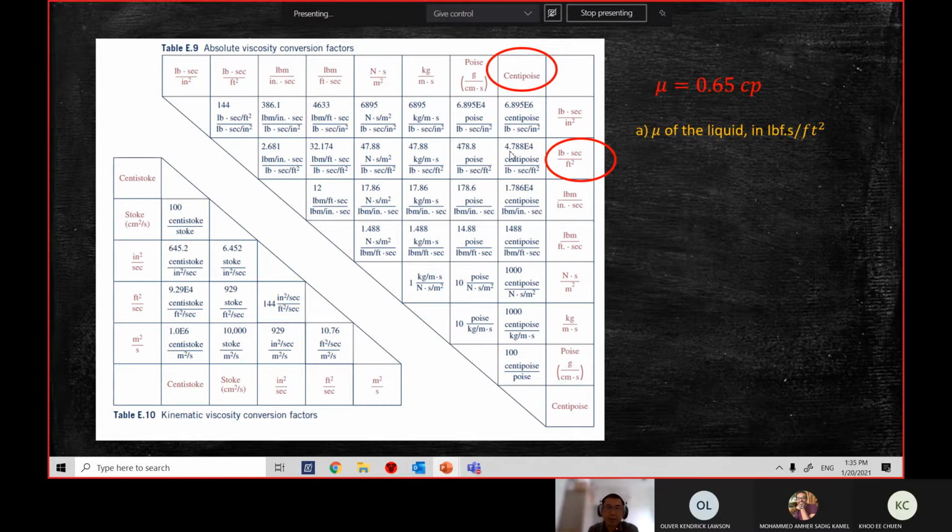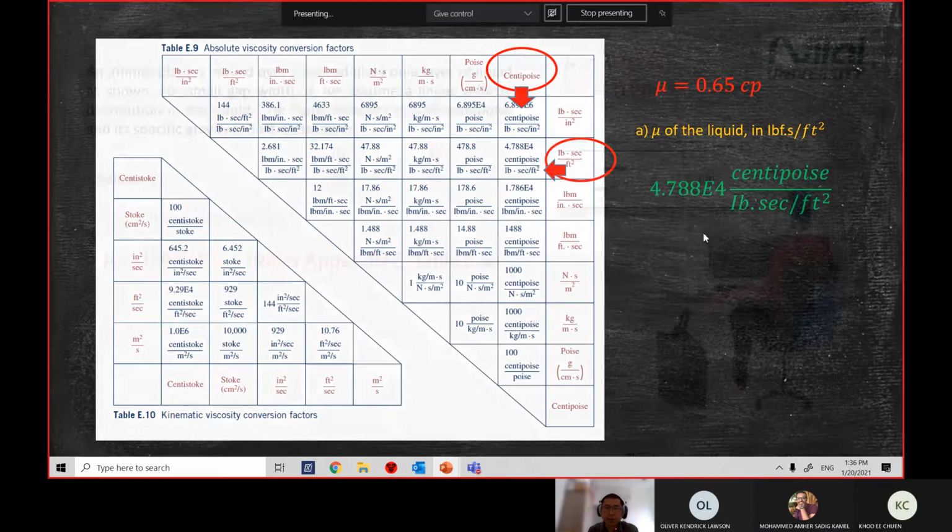Okay, 4.788 10 power 4 centipoise over pound second feet square. So on your paper, you write this value out: 4.788 E4 centipoise over pound second feet square. Again, E is 10 power 4.